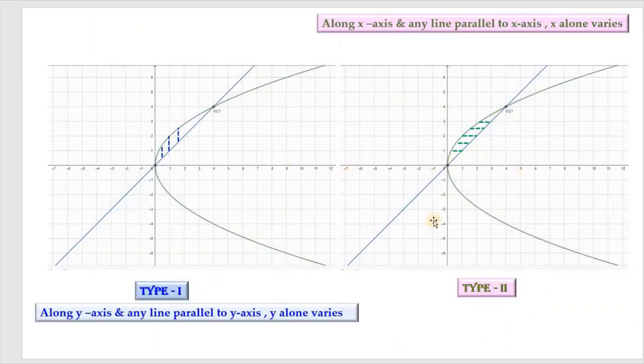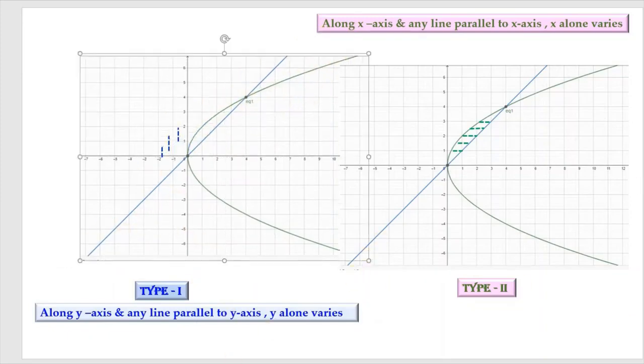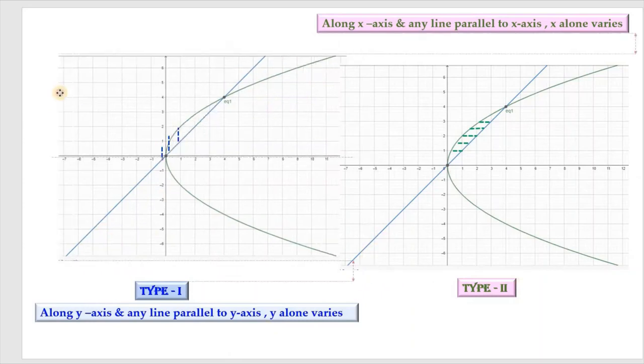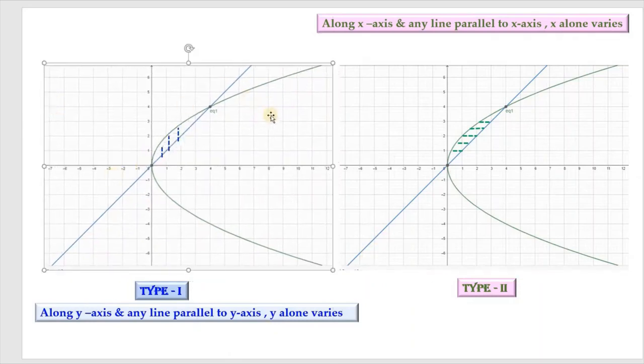Here I have not actually given the equation of the lines. Only such types will be mentioned. Here a parabola and a line are given. The equation of the line will be given in the problem. How to plot the curve from the given equation will be explained later.